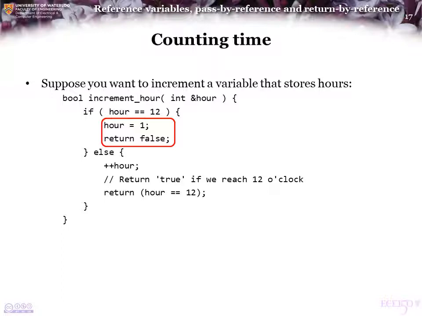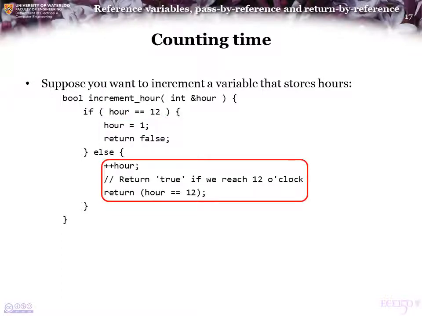A new period starts at noon or at midnight. However, if the hour is not 12, we will just increment the hour by 1, and then we will return true if and only if the new time is 12, meaning that we have crossed from morning to afternoon or from evening to night.